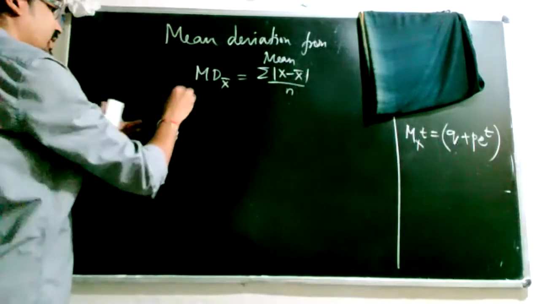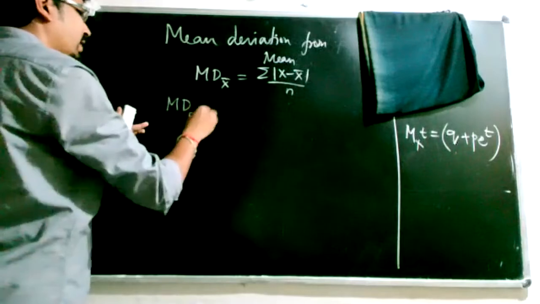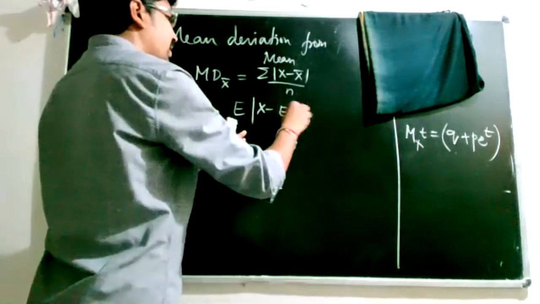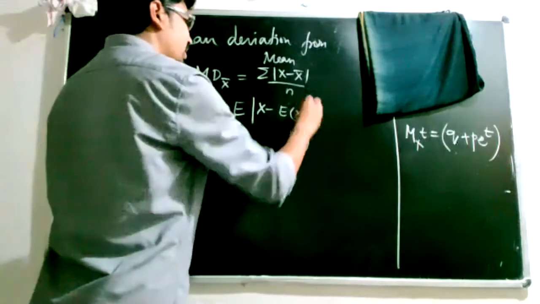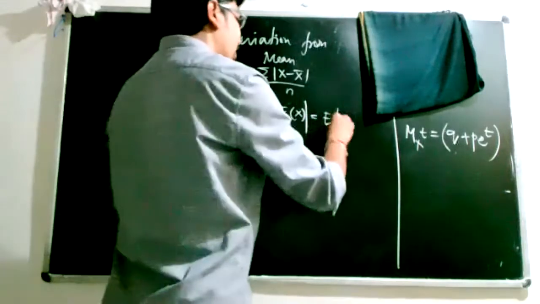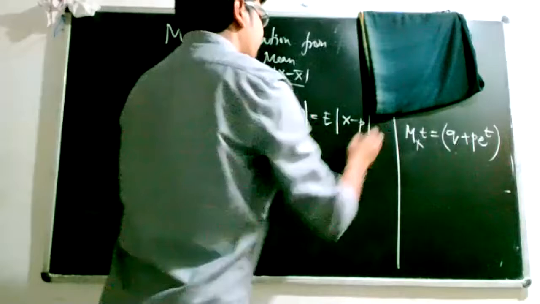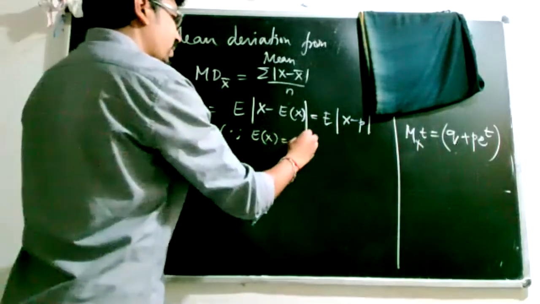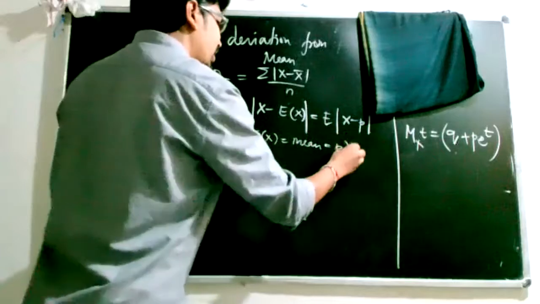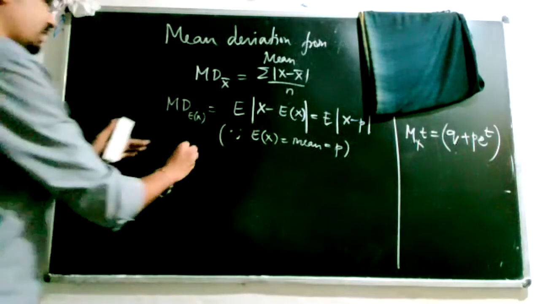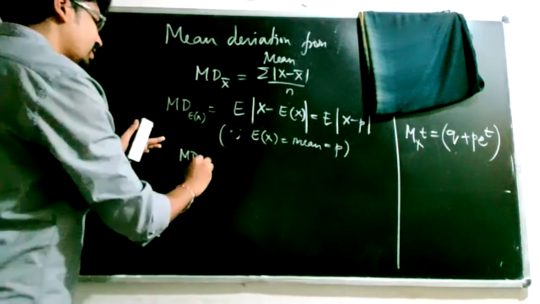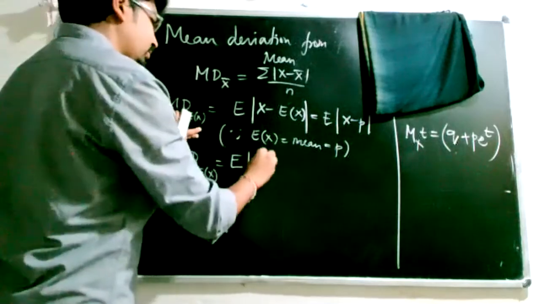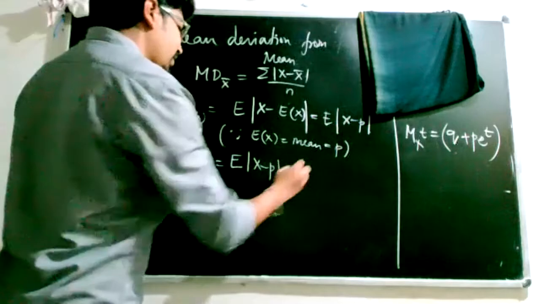So in terms of expectations, we could write MD is E of mod of x minus expectation of x, which could be written as expectation of mod of x minus p when it comes to Bernoulli, because for Bernoulli, E of x, which is mean, is equal to p. And definition of expectation is total of g of x into p of x.